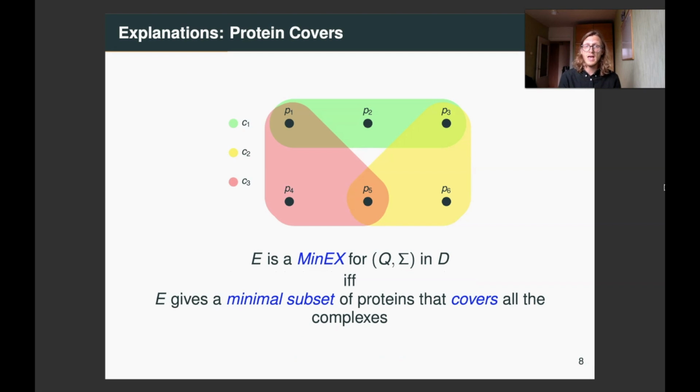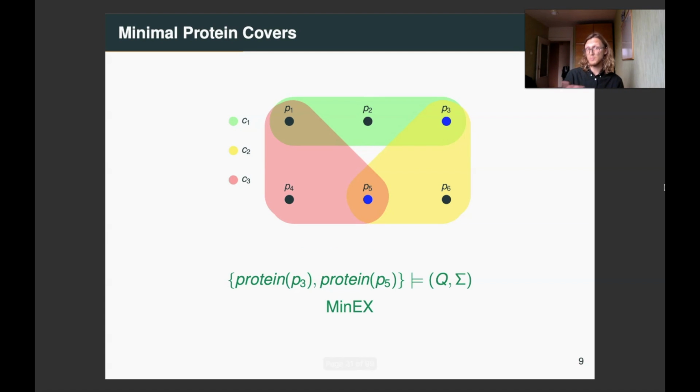And in this situation, a minimal explanation for this query in this database is a subset of proteins that gives a minimal subset of proteins that covers all these complexes, right? So for example, P3 and P5 is a protein cover because it covers complex C1, C2, C3, and is minimal.